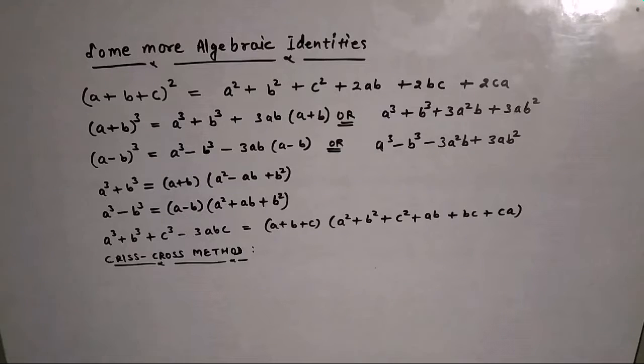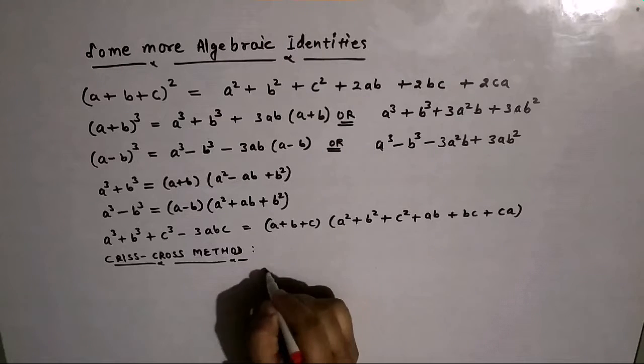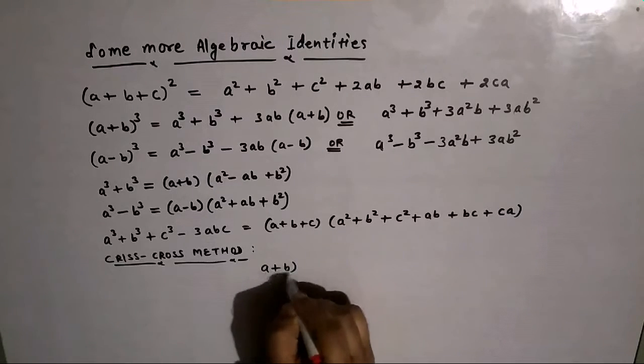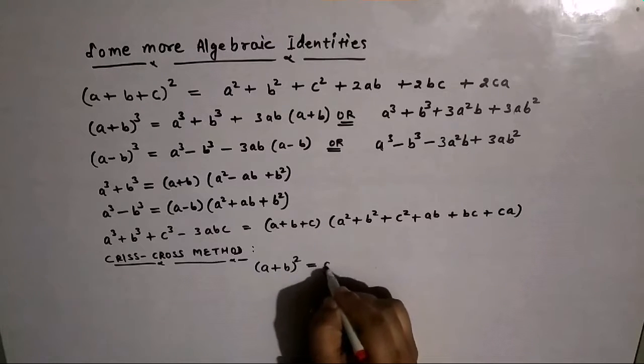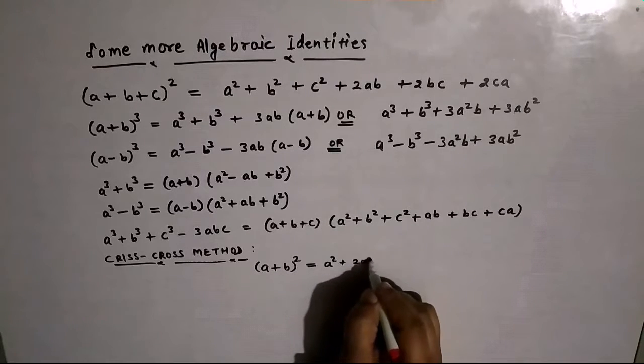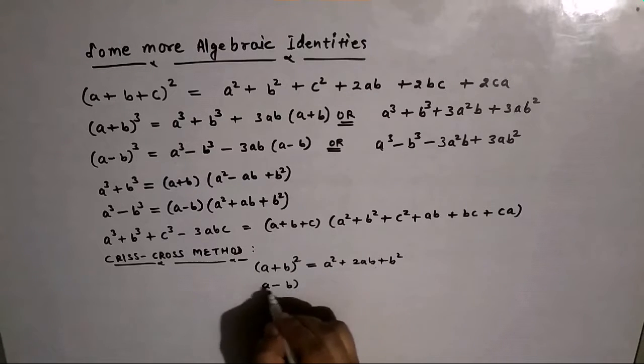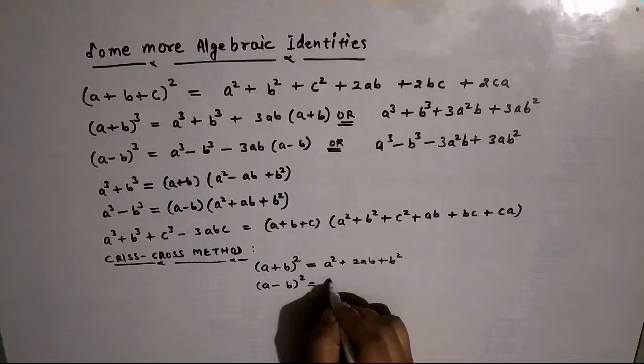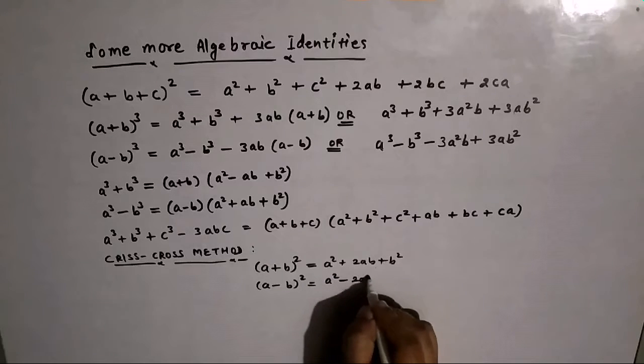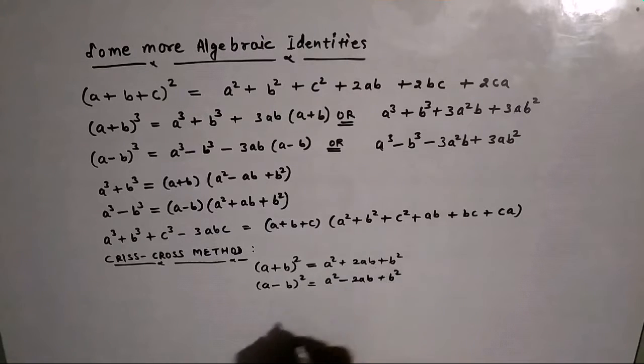So up till now we had seen four identities basically: a plus b whole square, which was written as a square plus 2ab plus b square. Then another identity, a minus b whole square, which was written as a square minus 2ab plus b square.